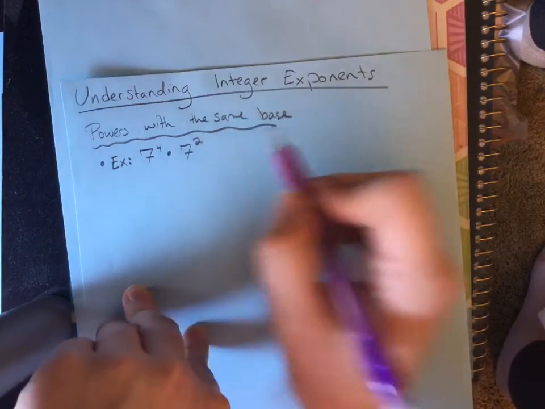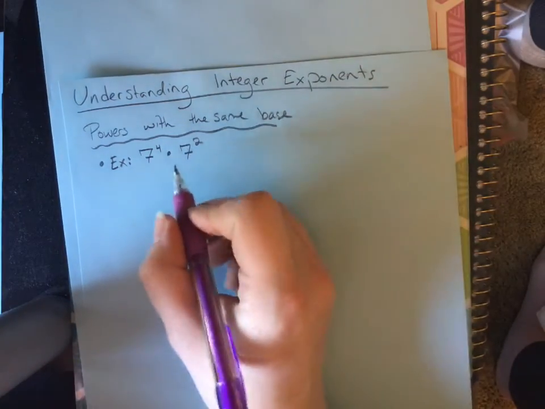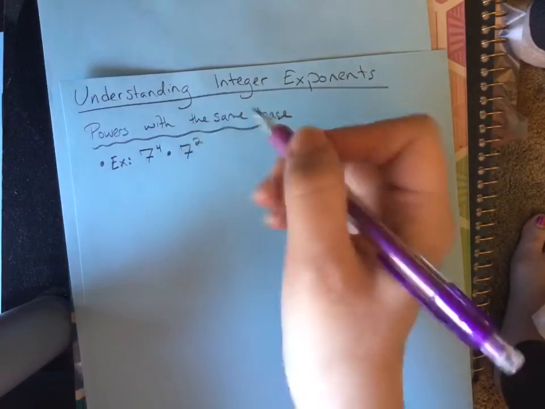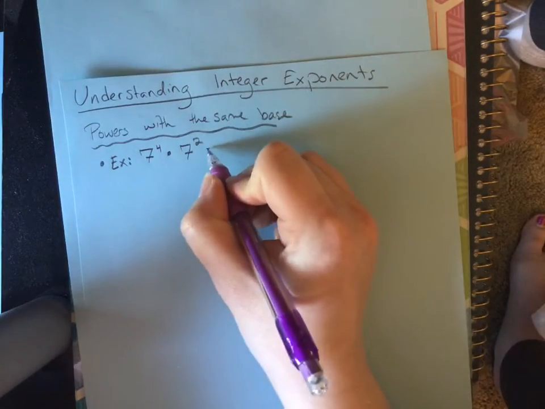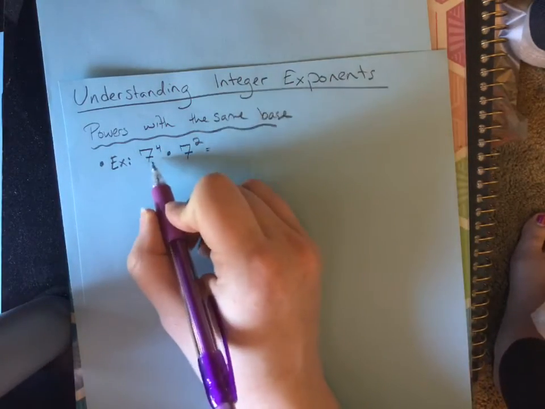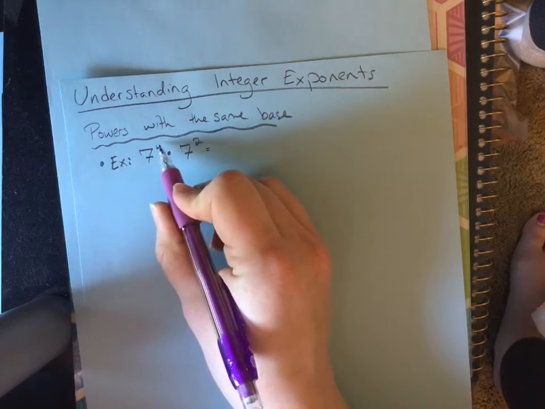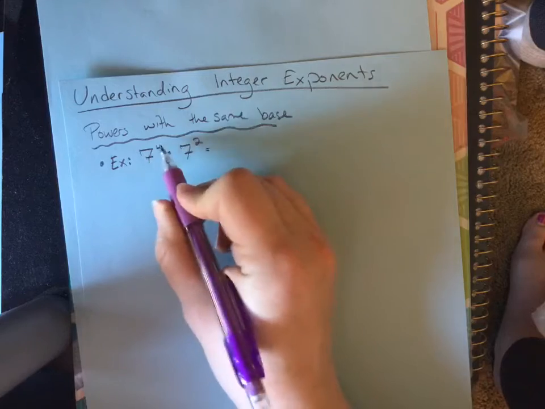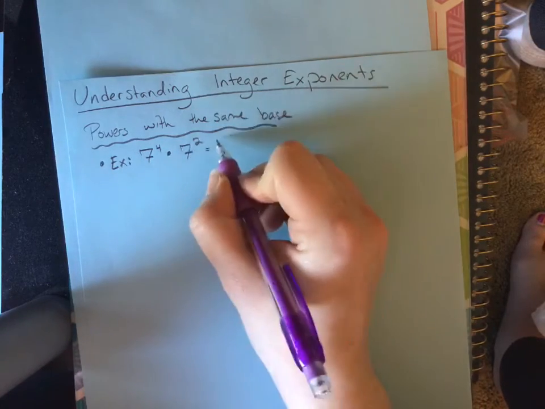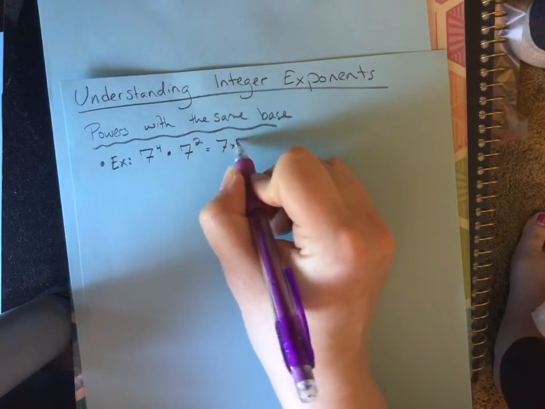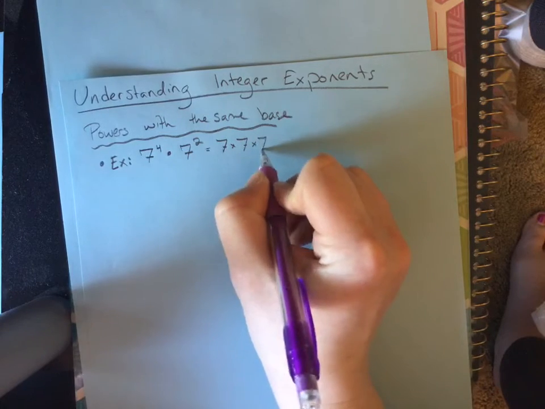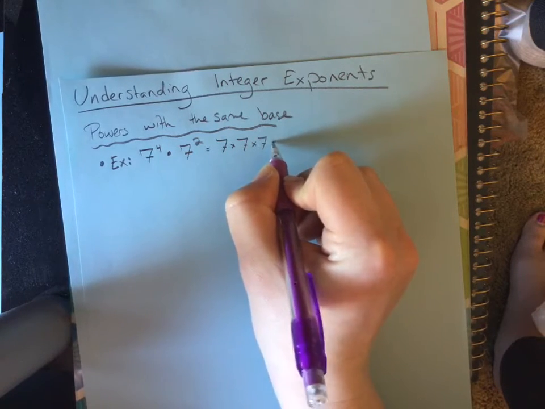Now, I know we've talked about this before. It's been a while since we were in the classroom, so not too sad if you don't remember. But how do I rewrite 7 to the 4th power? Well, I know this tells me I'm multiplying 7 by itself 4 times. So 7 to the 4th power becomes 7 times 7 times 7 times 7.